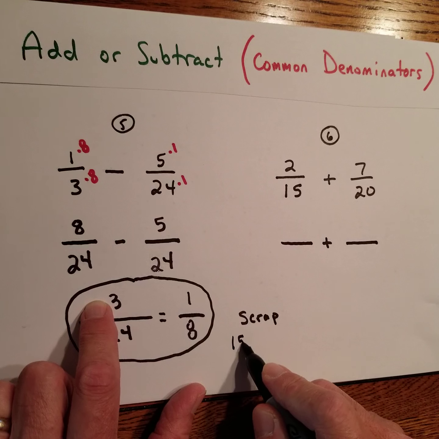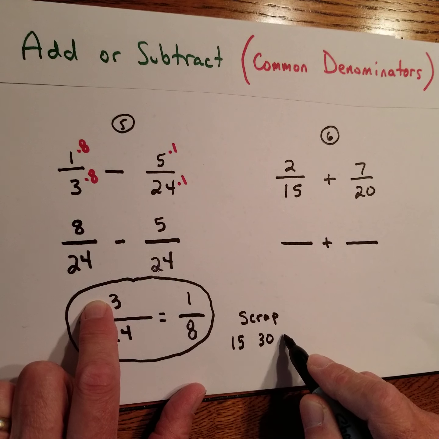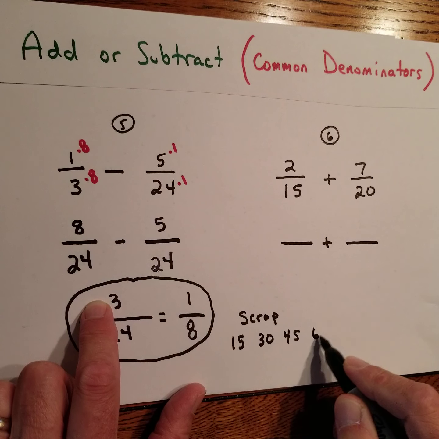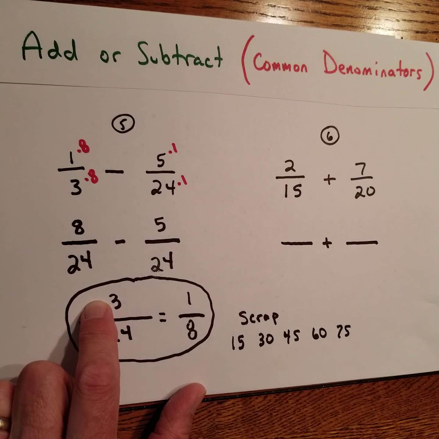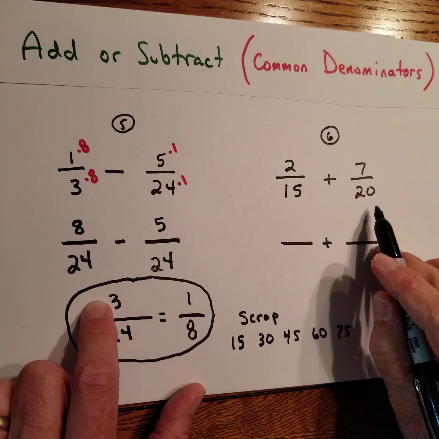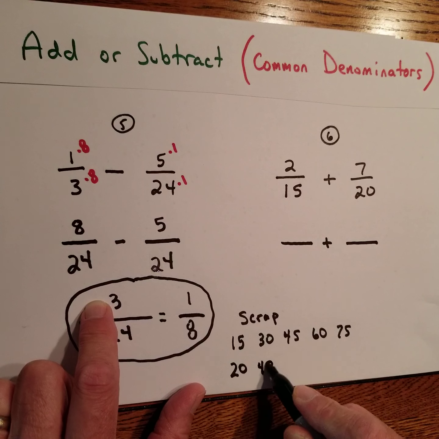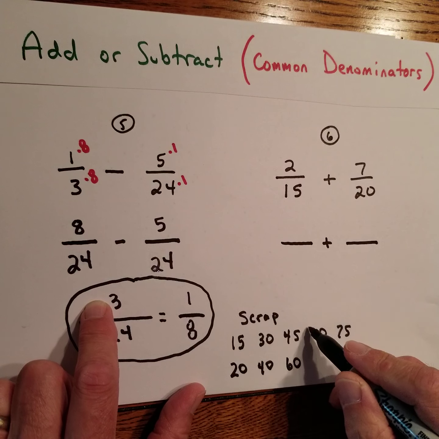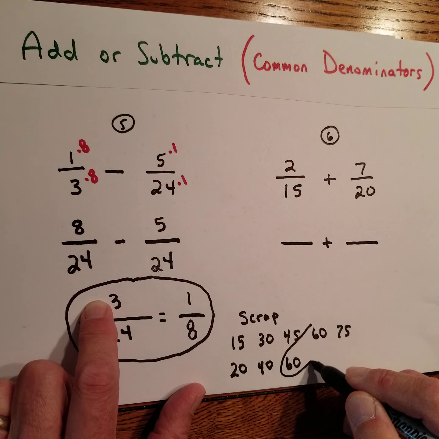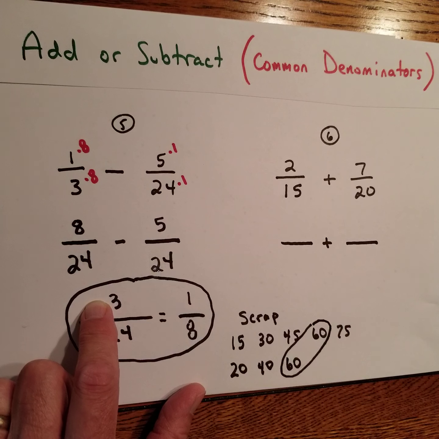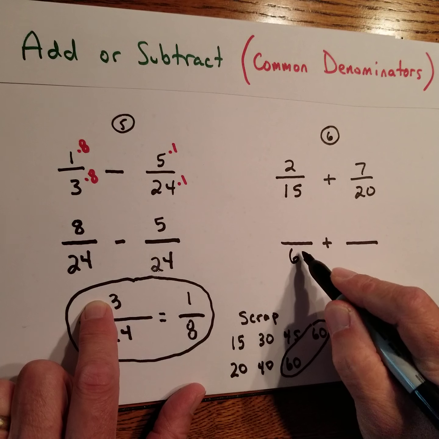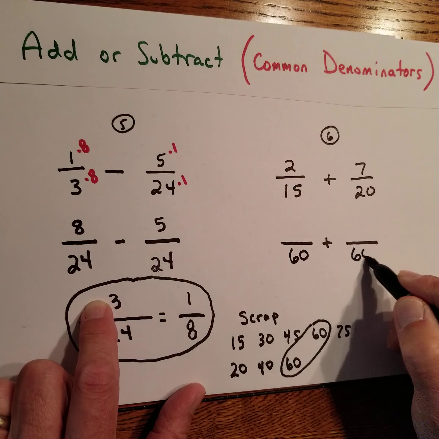There's 15 times 1, 15 times 2, 15 times 3, 15 times 4, 15 times 5. Do the same thing with 20. There's 20 times 1, 20 times 2, 20 times 3, there it is. 60 is the smallest number that 15 and 20 both divide into. So it works great as a common denominator.